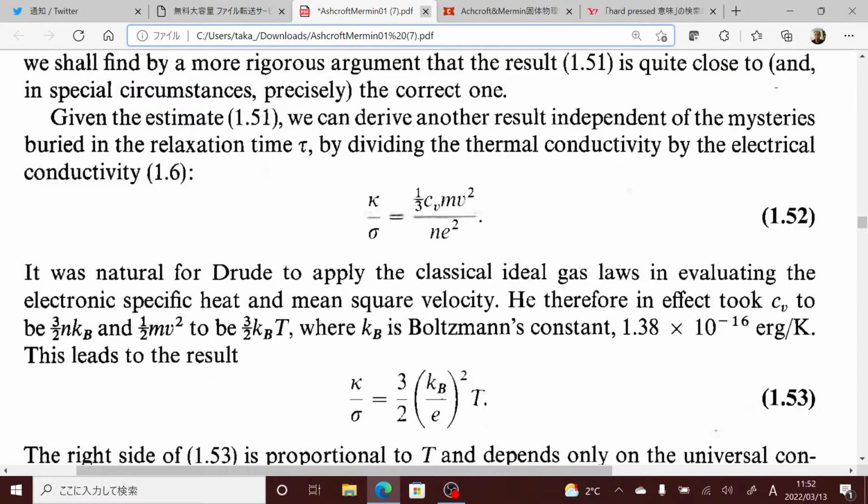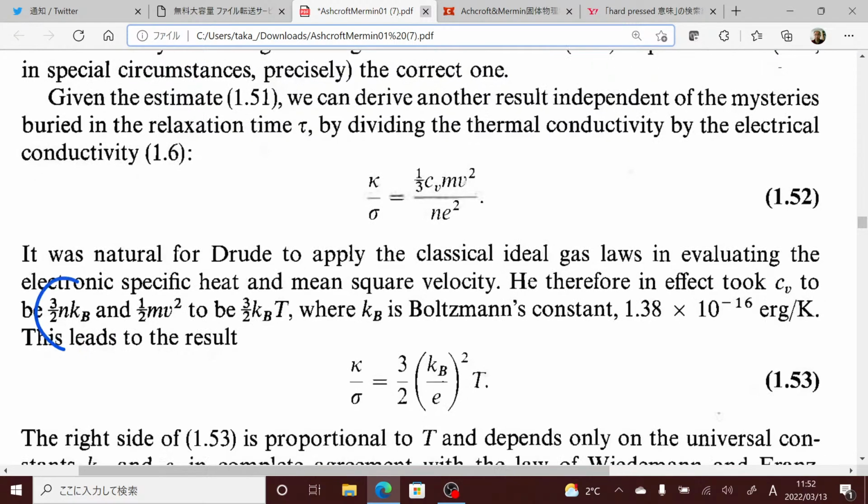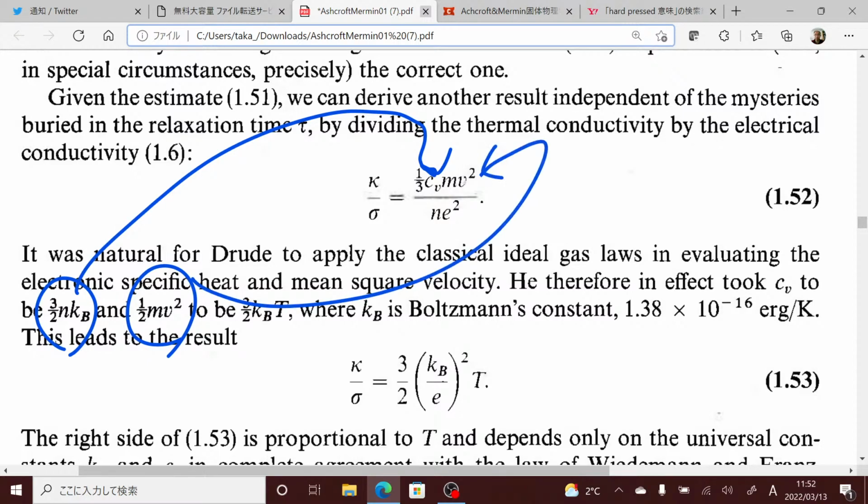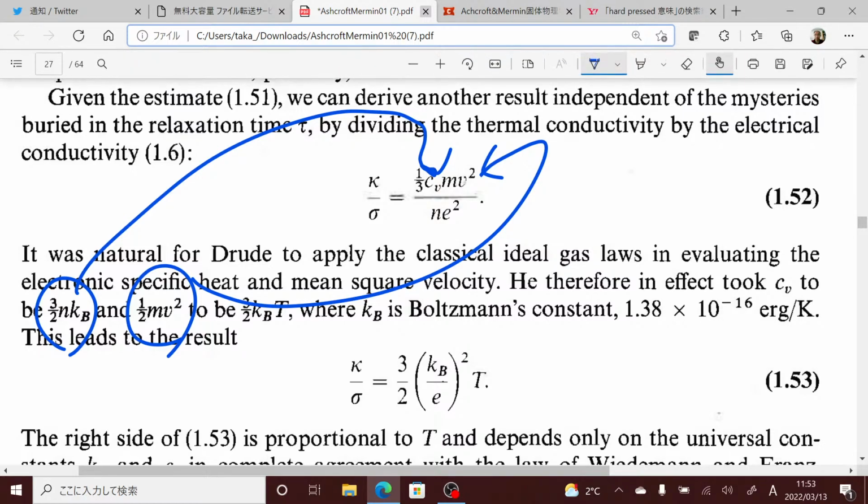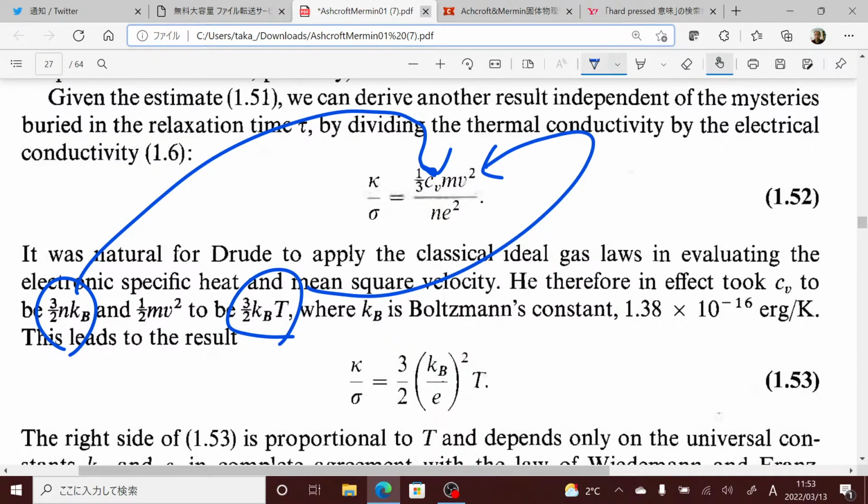Then let me see. This one here, m v squared is here. No, sorry. We put this one to m v squared.